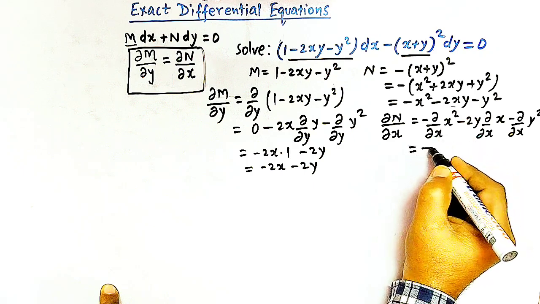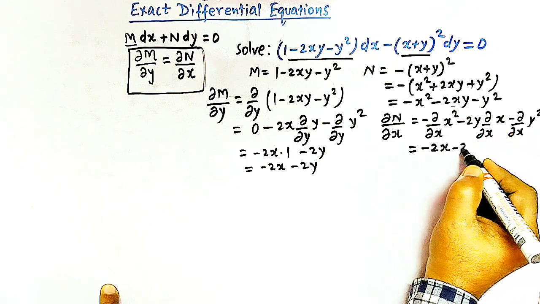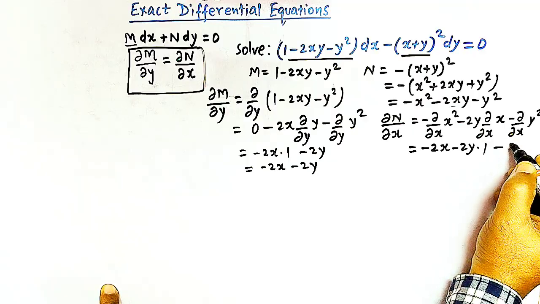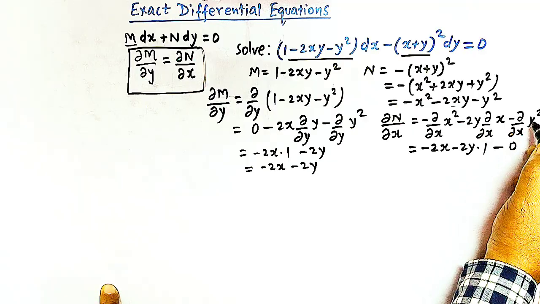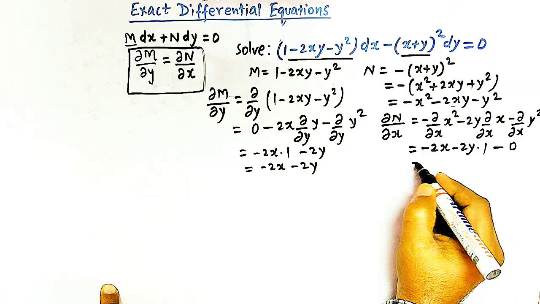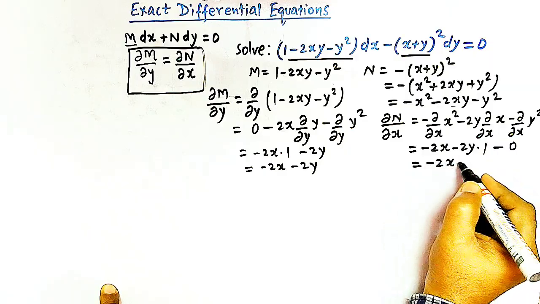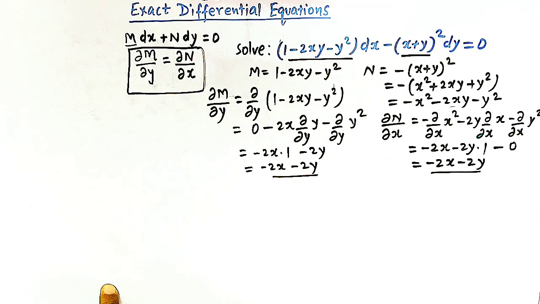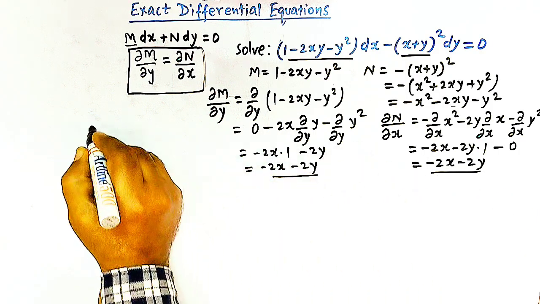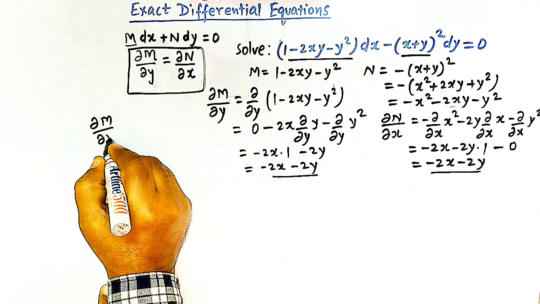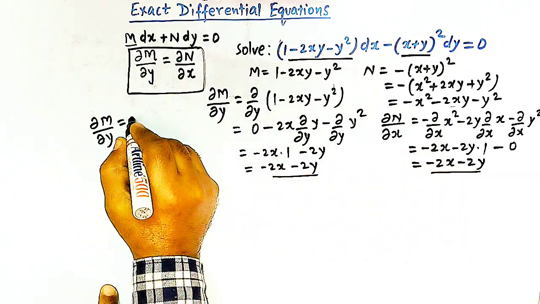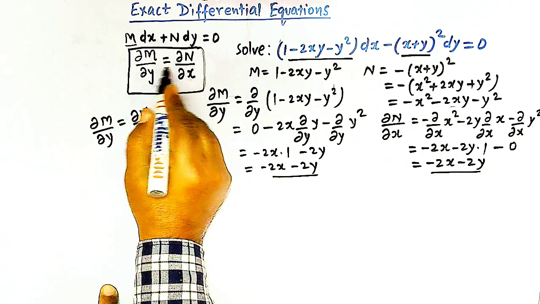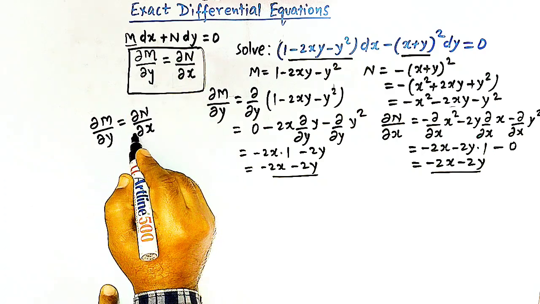So here we have minus 2x, here we have minus 2y times 1, and here we have minus 0 because here we take y as constant. So here we have minus 2x minus 2y, and from these two expressions we can see that del m over del y is equal to del n over del x. That is, this condition is satisfied, right?